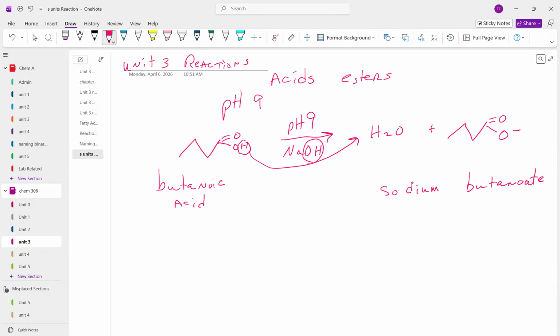So that's going to be sodium butanoate. So this is the part, and that together make it an acid salt. Well, that's a pH of 9.